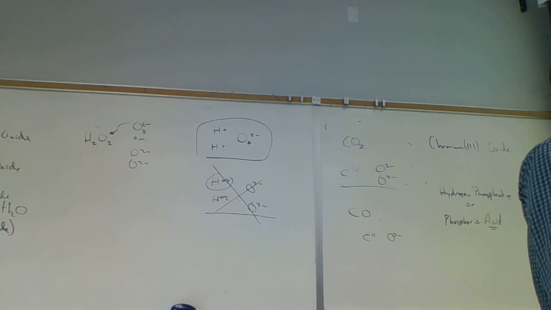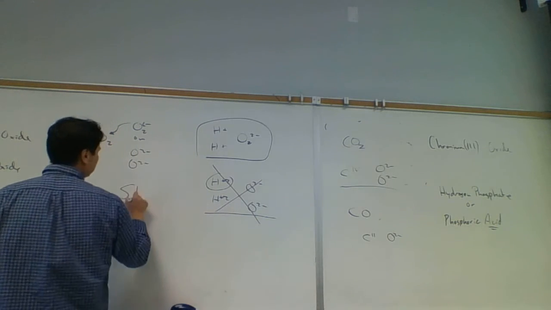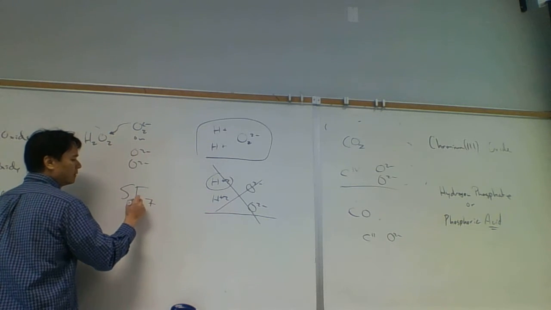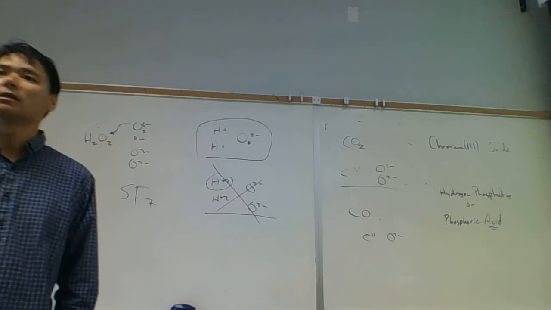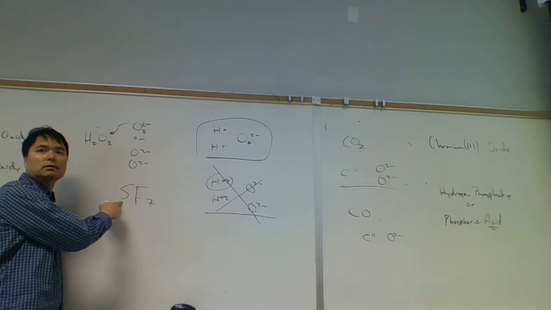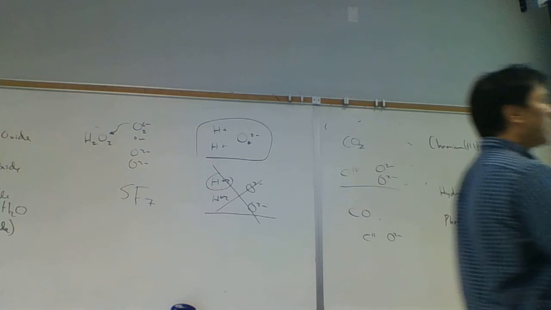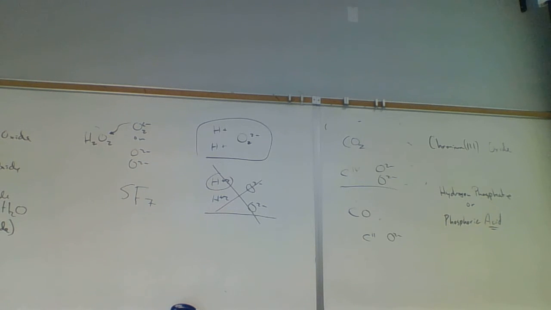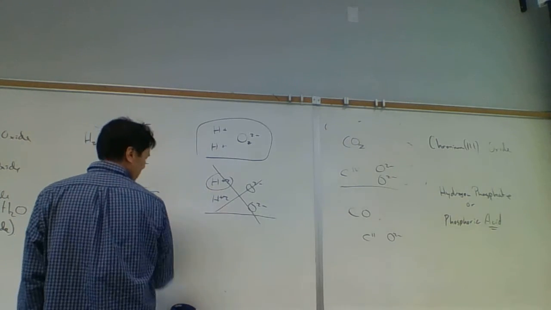Do you think sulfur heptafluoride exists? No. It doesn't, because this would mean sulfur would have to lose 7. But based on the pattern in the periodic table, it's not going to want to lose 7. It's going to want to lose up to 6. And so sulfur heptafluoride, I don't think, happens.